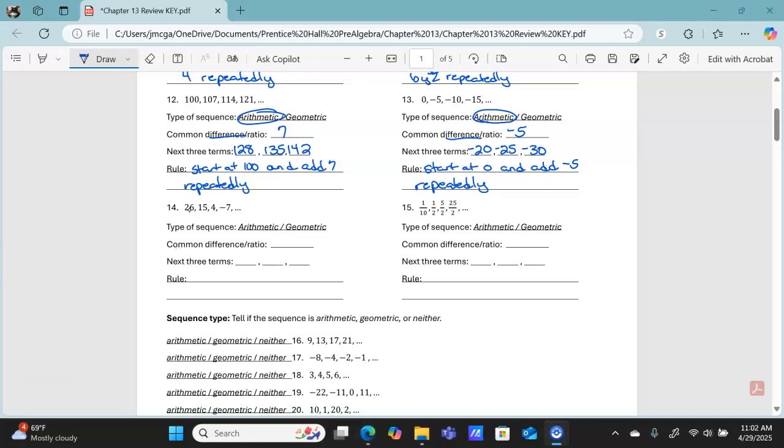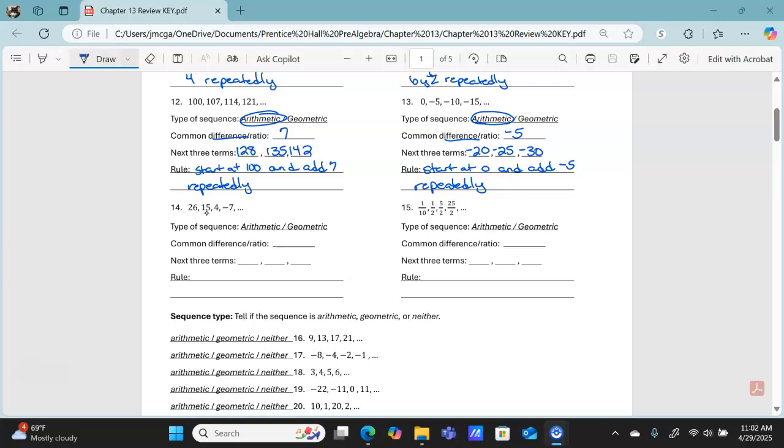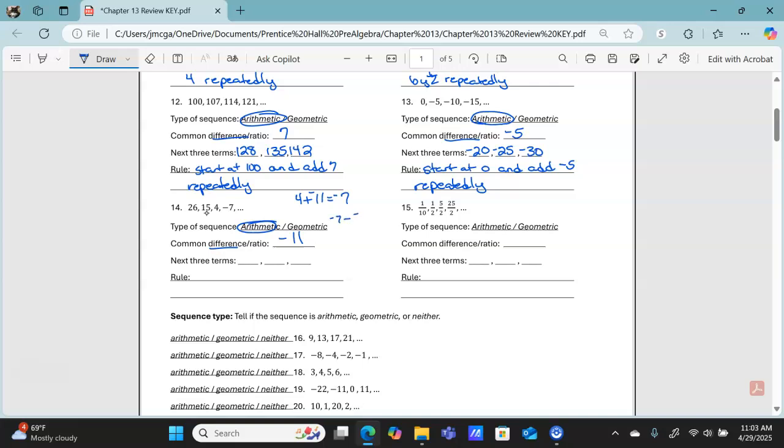Okay, to get from 26 to 15, I would subtract 11. And that will work again from 15 to 4. Subtract 11. And 4 minus 11, change your sign and add. The signs are opposite, so we subtract and find the sign of the larger. So this is an arithmetic sequence, a common difference of negative 11. Sorry about that. So negative 7 minus 11, change my signs and add, is going to become negative 18.